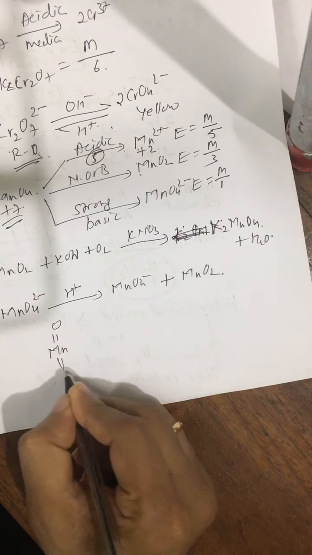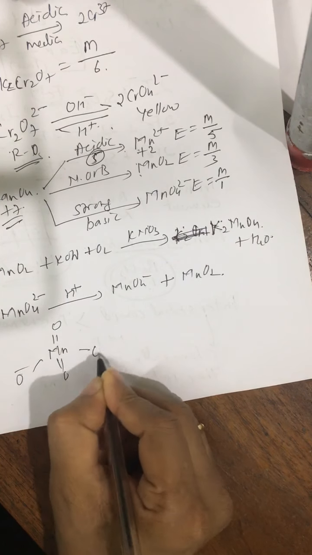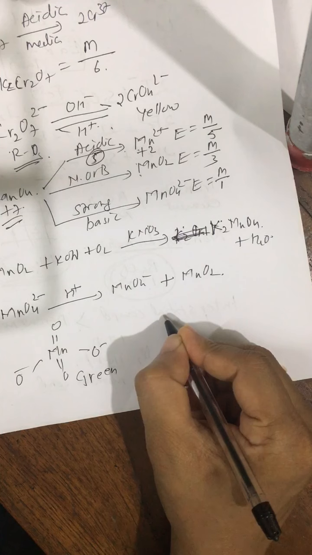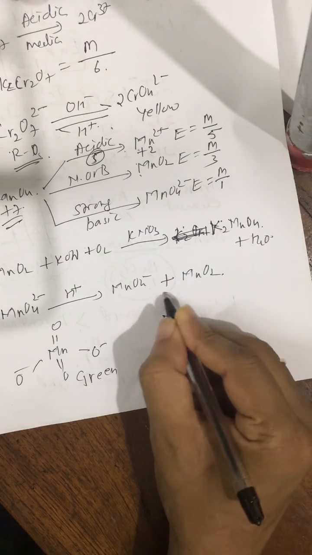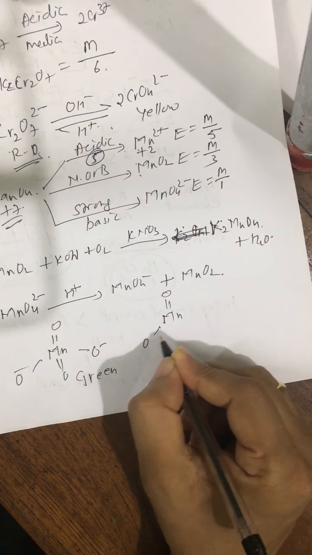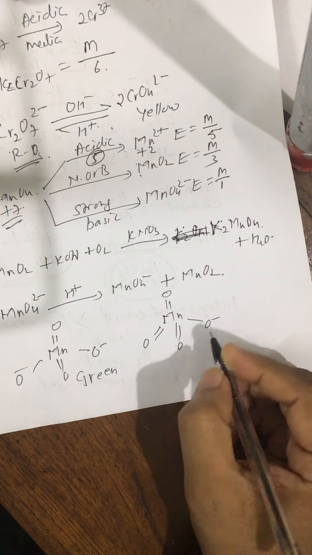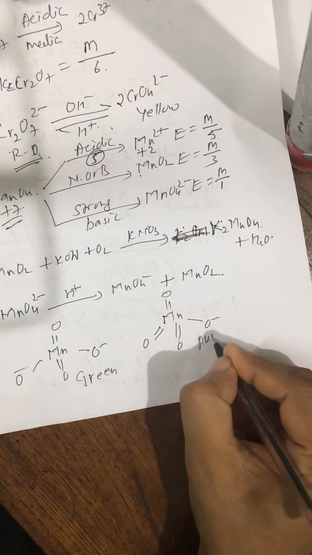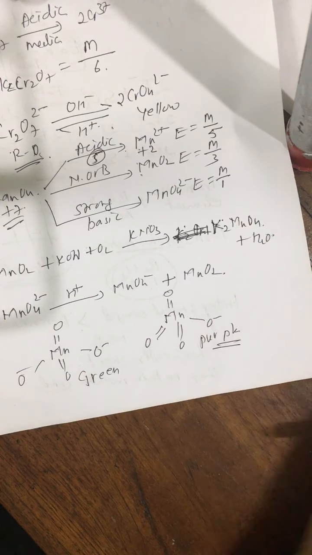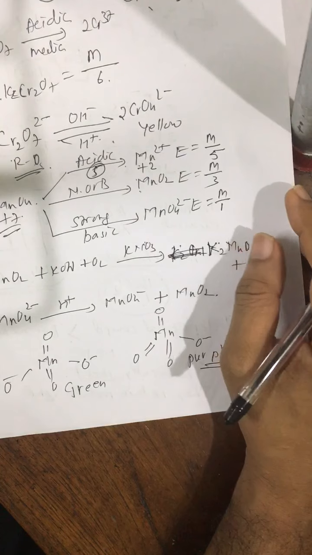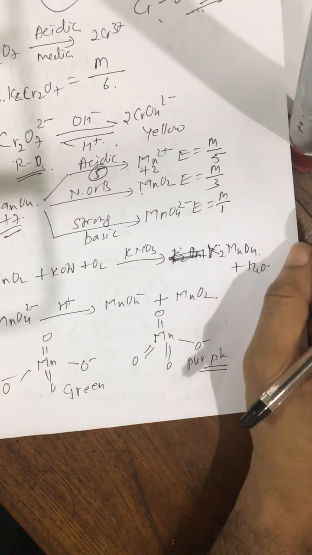MnO4 2- is green in color. And MnO4-, the single negative, is purple in color, right? At least these things you try to remember.